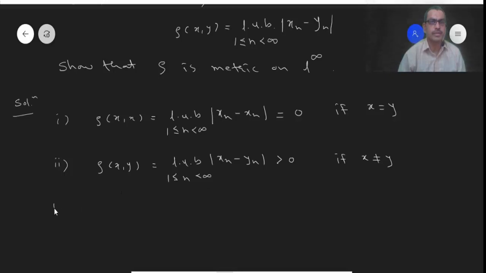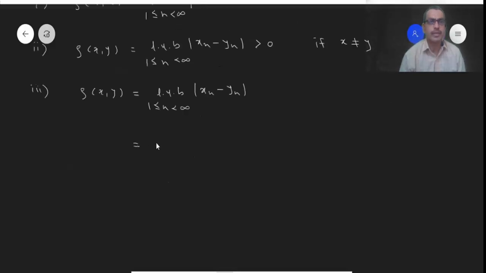Third condition of the metric space is symmetry. Therefore, here rho of xy is equal to the least upper bound of mod xn minus yn, where 1 is less than or equal to n is less than infinity, which is equal to the least upper bound of mod minus (yn minus xn).